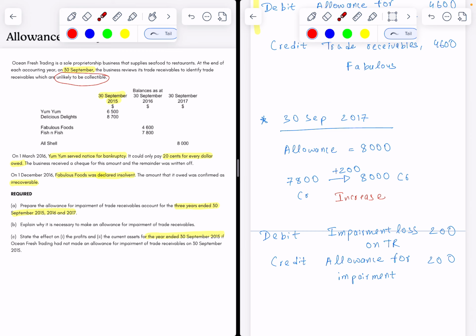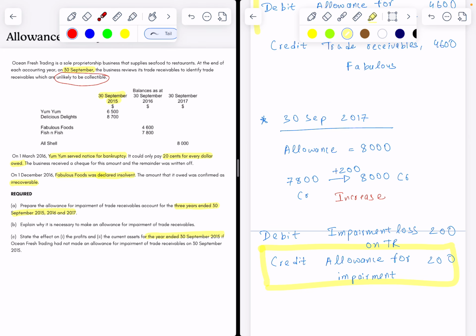Therefore, we debit the impairment loss in trade receivables by $200 at 30 September 2017. And because we have got an increase in allowance for impairment of trade receivables, and it being a contra account, when it increases in value, we credit it. So we are crediting the allowance for impairment account by $200. So as you can see, this is what we need to reflect in the journal entry, in the ledger account.